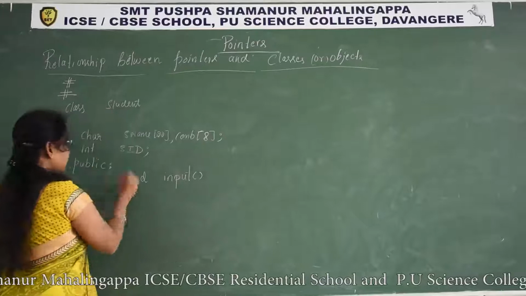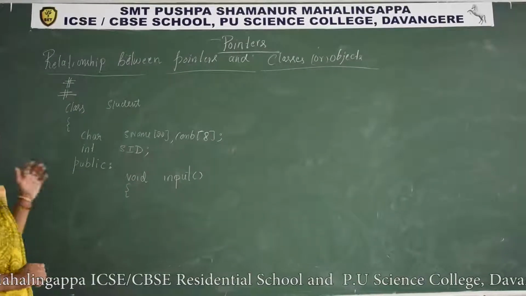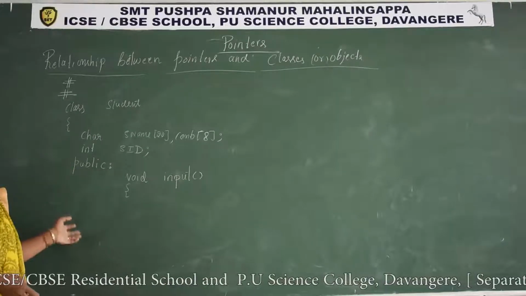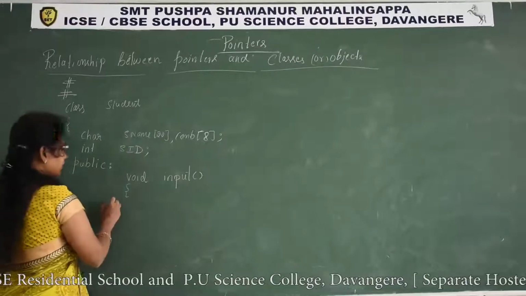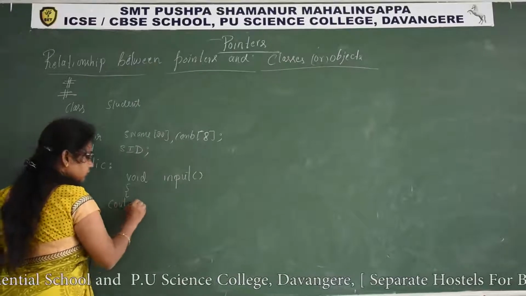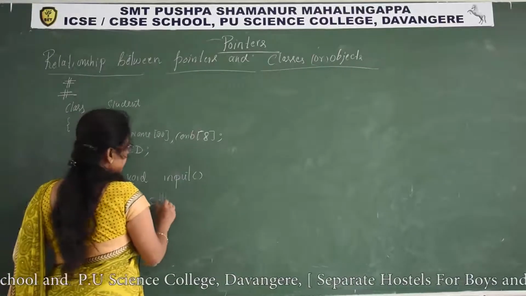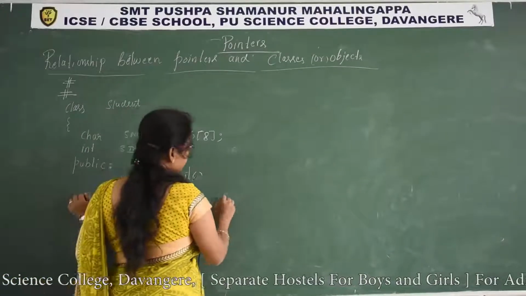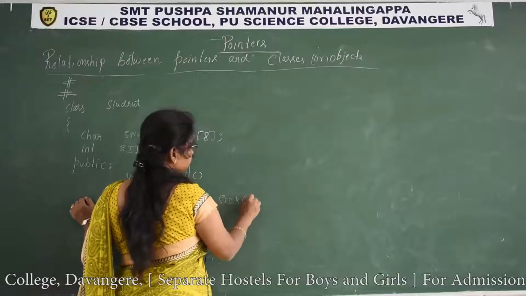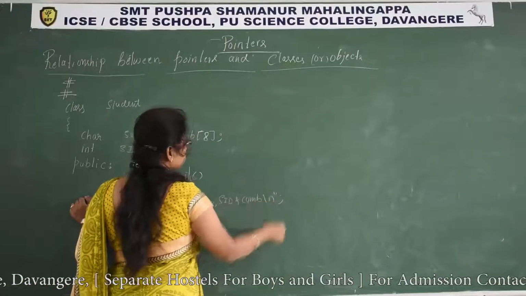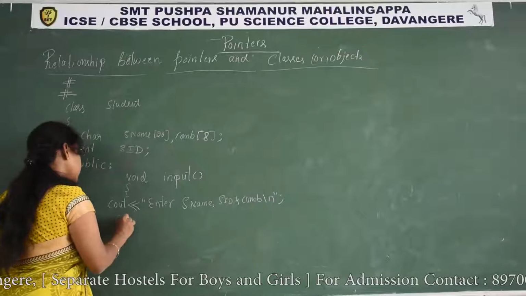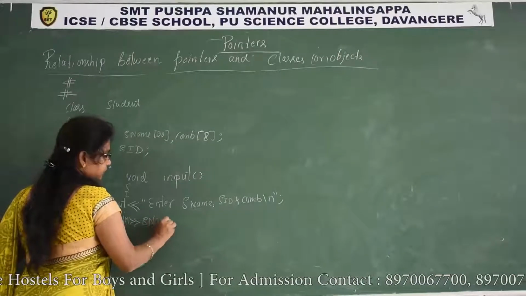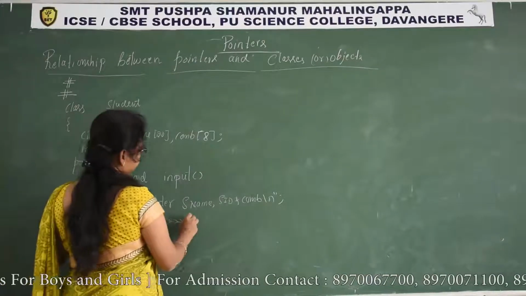These things we already know from previous chapters: function overloading, constructors and destructors, inheritance. We have written many programs on class and objects, and we had taken functions like this: cout enter student name, student ID and combination, cin extraction name, extraction SID.